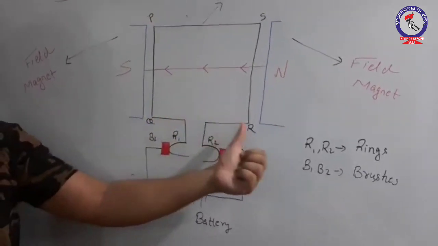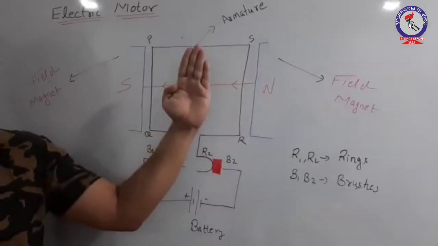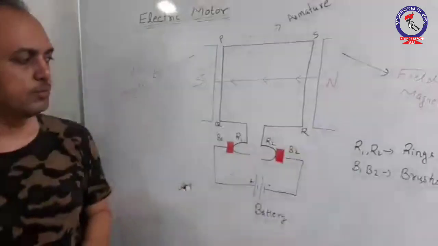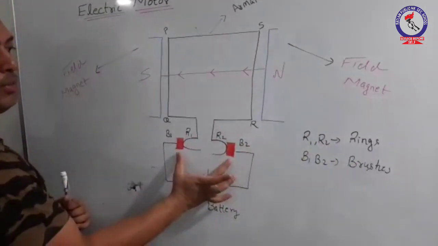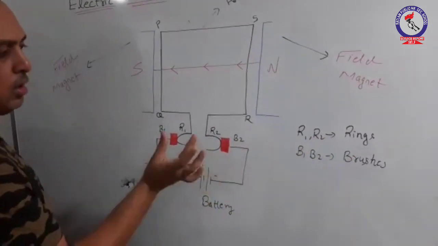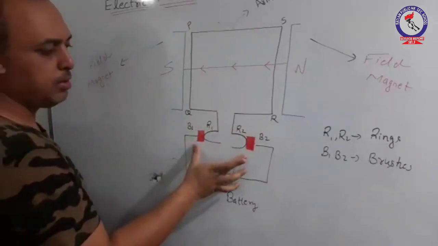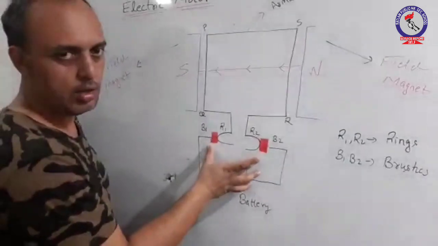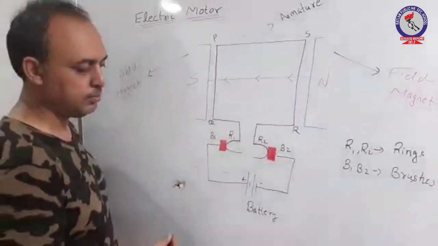PQRS is the armature coil which will be rotating in this magnetic field. B1 and B2 are the carbon brushes which connect the rings to the armature. B1, B2 simply provide connectivity to the rings so that the circuit may be flexible.